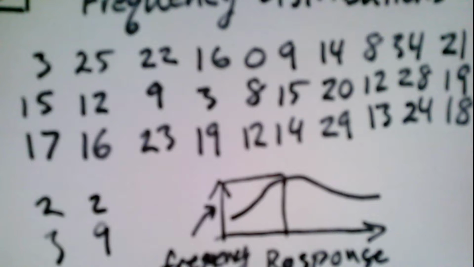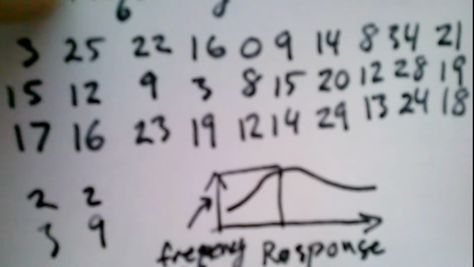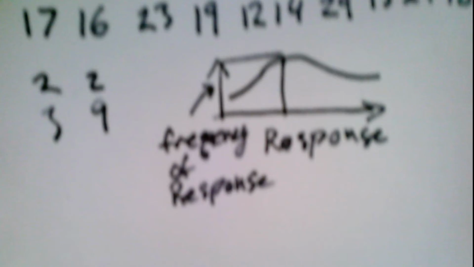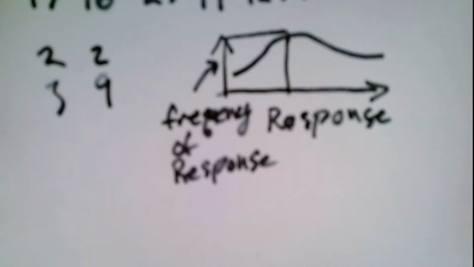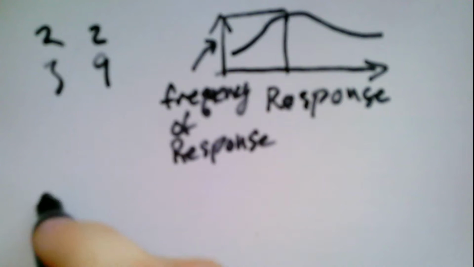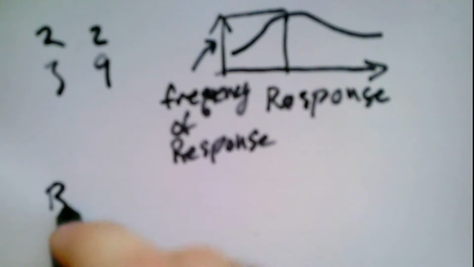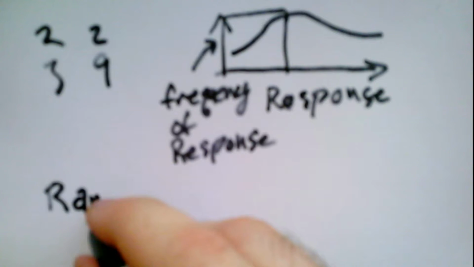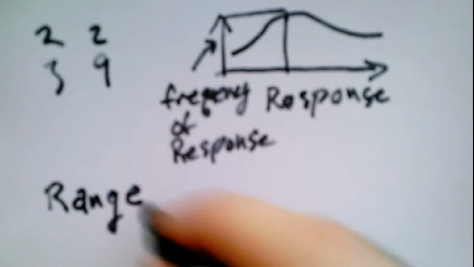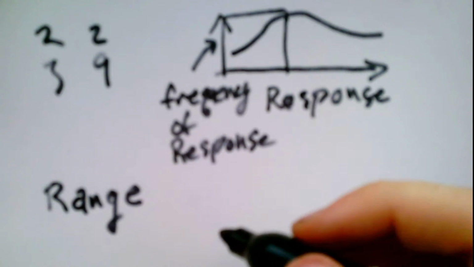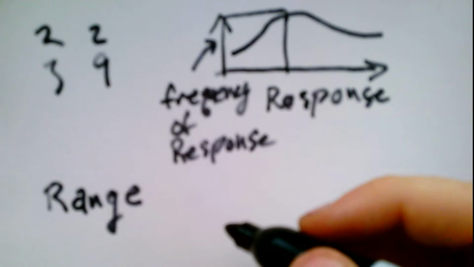There are several traits that a frequency distribution can have. The first of which that we're going to talk about is the range. This is probably the easiest thing to find. The range of a distribution is the distance between the highest value on the distribution and the lowest value.